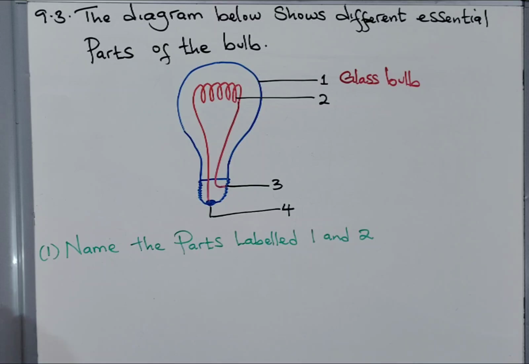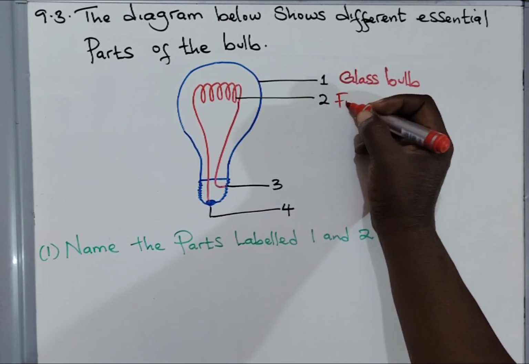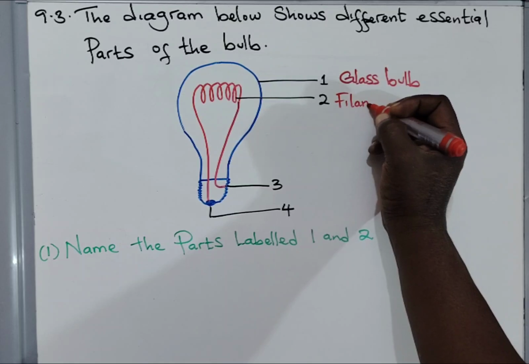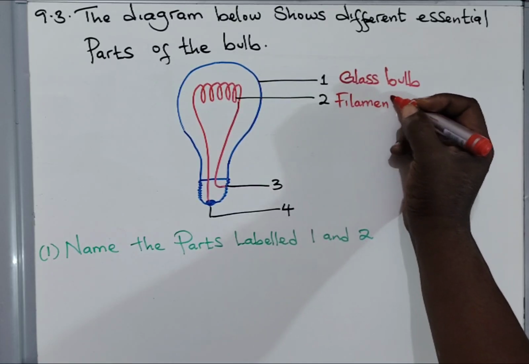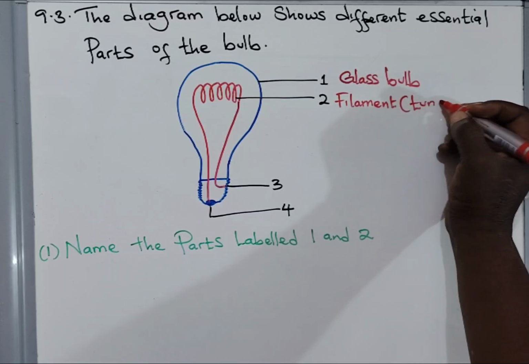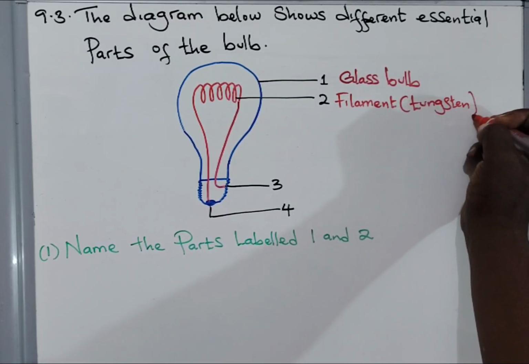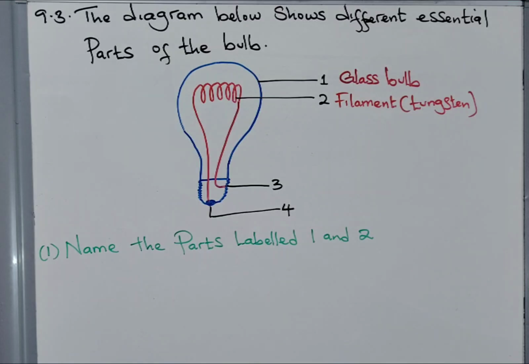And what is 2? 2 is the filament, normally made from tungsten. So some people call it the tungsten filament.